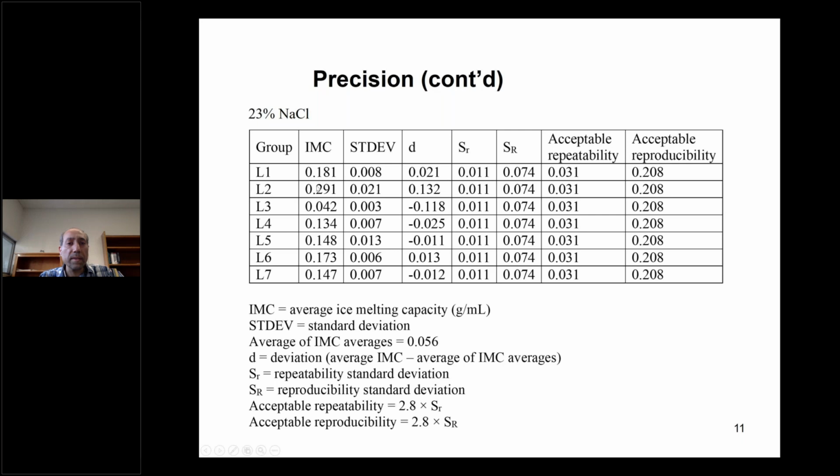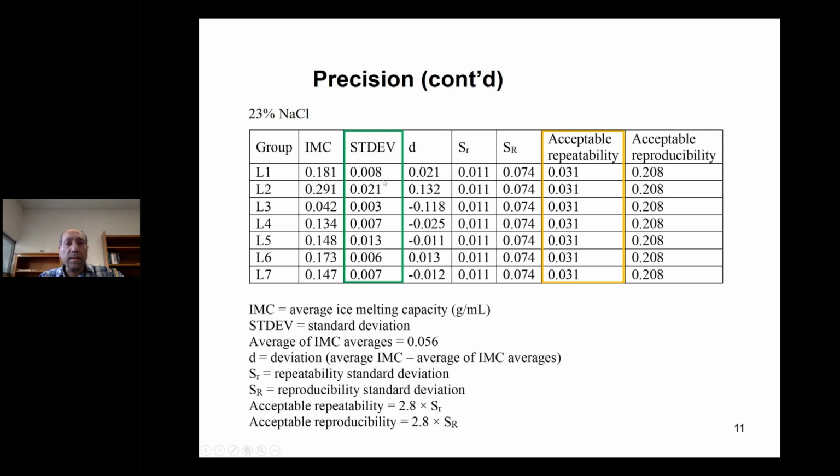So you can see ice melting capacity of the 23% sodium chloride is presented in the second column. Then standard deviation in the third column. Then we have calculated the S sub r and S sub capital R, and after that, at this column, which is shown with the orange box, we have acceptable repeatability, which is mentioned here as equal to 2.8 times S sub r.